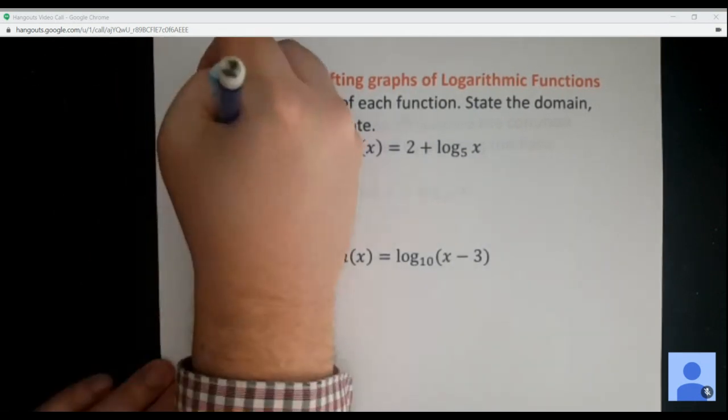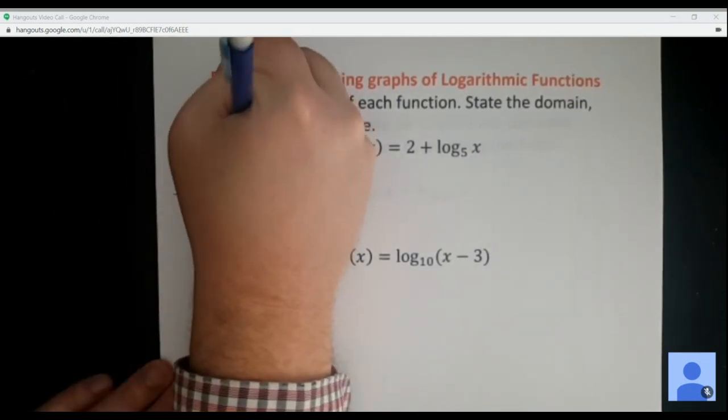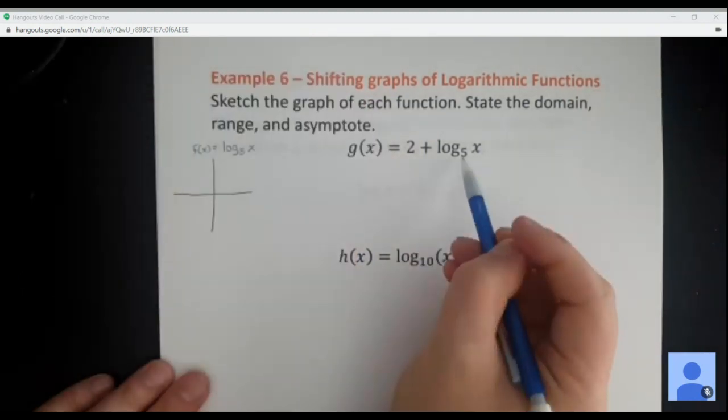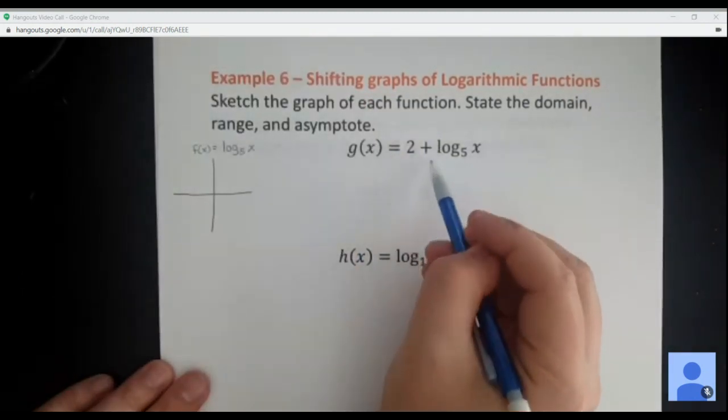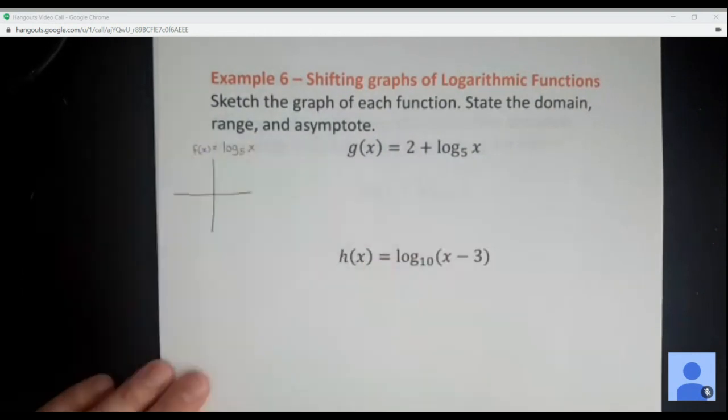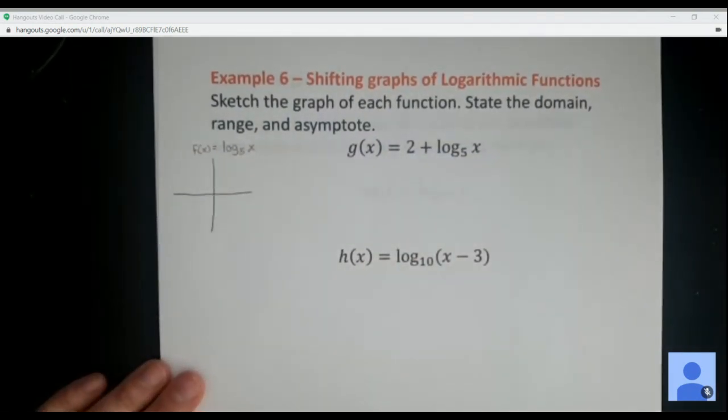Good, right? So it's going to be the base 5 log of x, right? So we'll make sure we keep the same base that we have here, but it's only going to be this piece. That's going to be the parent function. What's that graph going to look like? What are some key features of that graph?